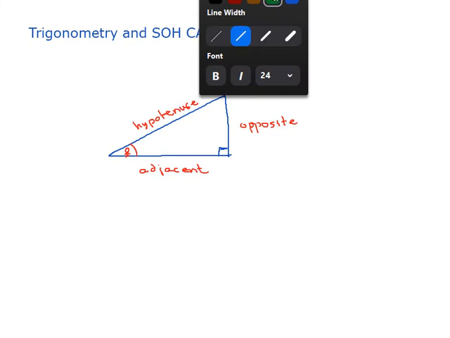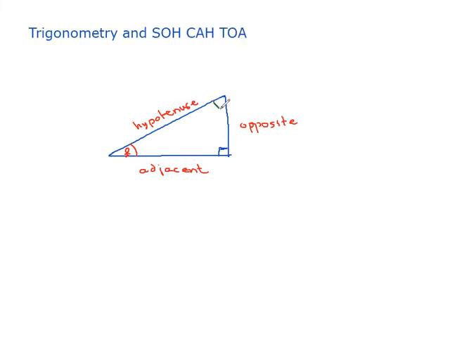Now, if you change positions, or if you think of another person standing up in this corner, this person would agree with you about the hypotenuse. They would say, just like you, that this is the longest side and that it's across from the right angle. Nothing about that has anything to do with your position, so no problem there.